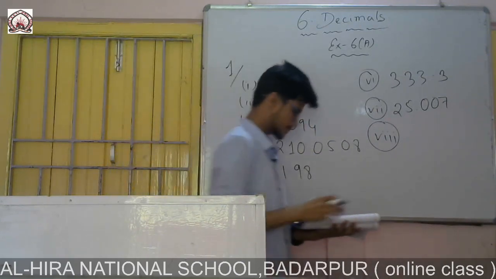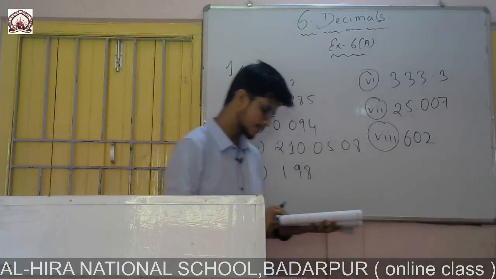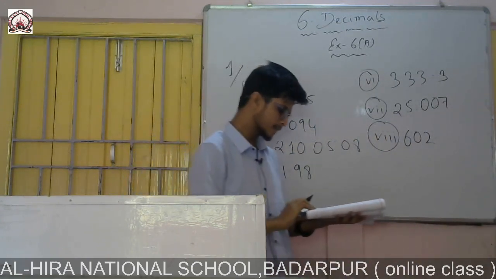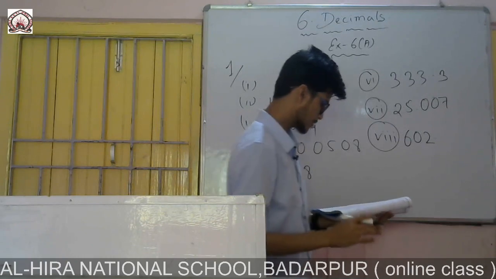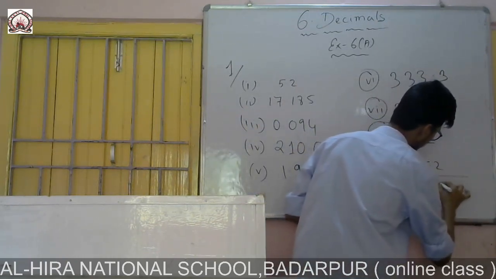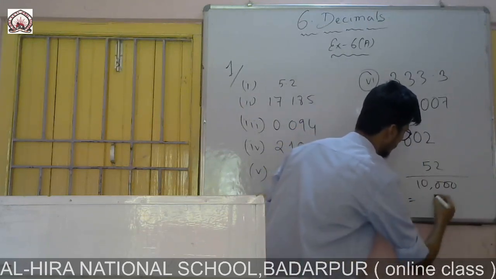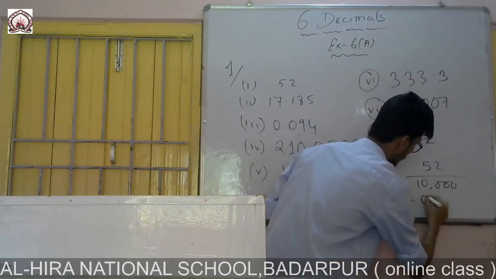Okay, now Roman number 8. 602 and 52 ten-thousandths. 52 ten-thousandths means 52 by 10,000. If I express it in decimal, in place of the 1 I will put the decimal point.